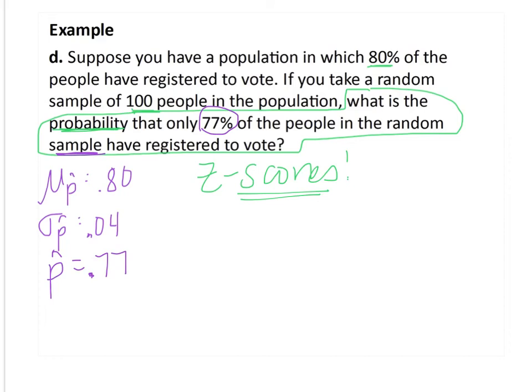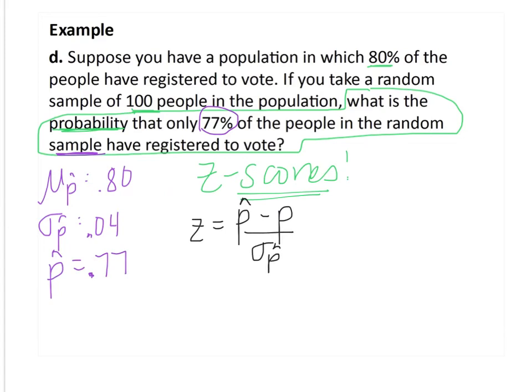Well, if I have a sample, a population, and a standard deviation, I can say that z equals p hat, the sample proportion, minus p, the population proportion, over the standard deviation of p hat.